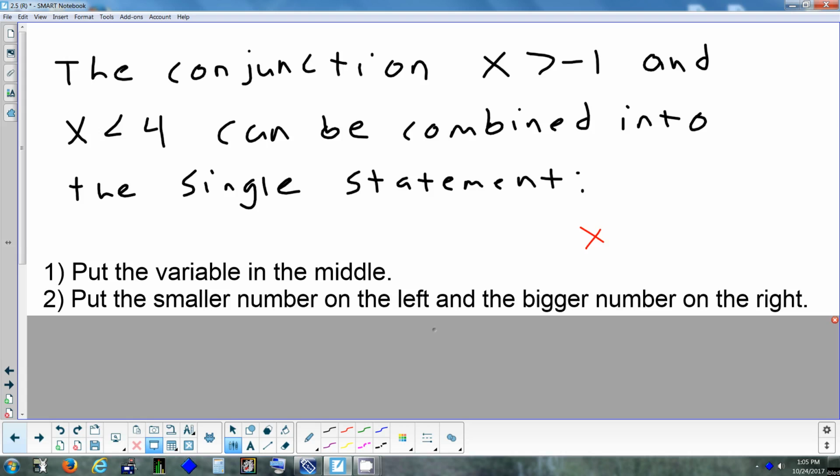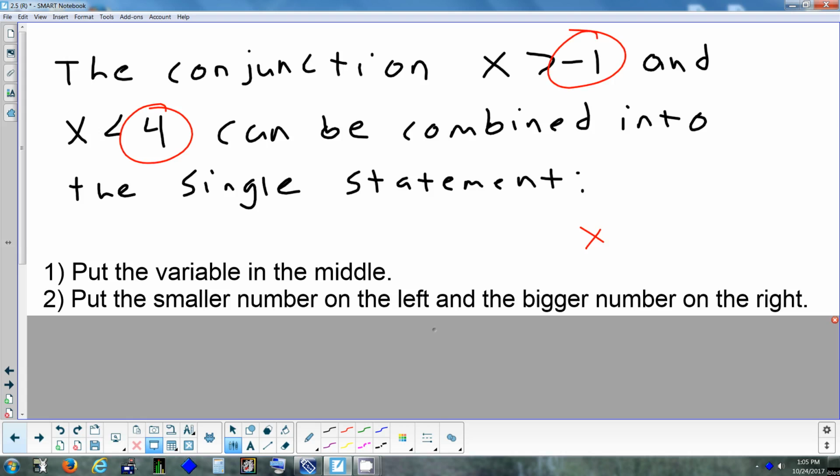The next thing, put the smaller number on the left, put the bigger number on the right. So look at your two numbers. Out of the two numbers I just circled, which one is the smaller number? -1. Which one is the bigger number? 4.